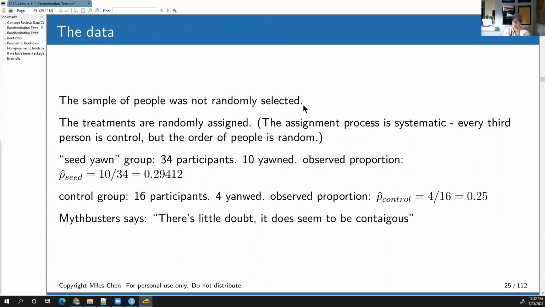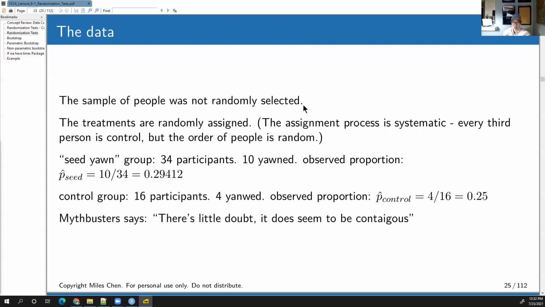The sample of people that participated is not a random selection, it's just a convenient sample of who was there. But the treatments, who got a seed yawn or not, were randomly assigned.